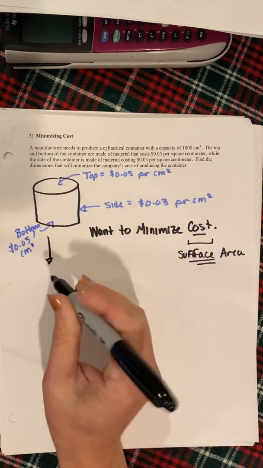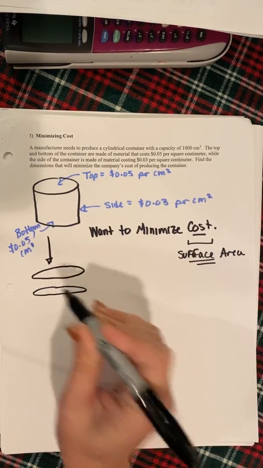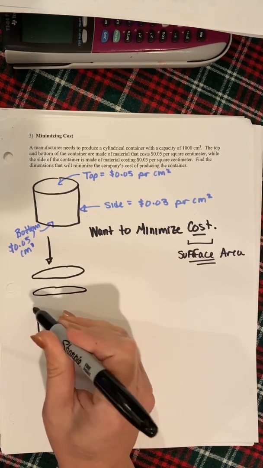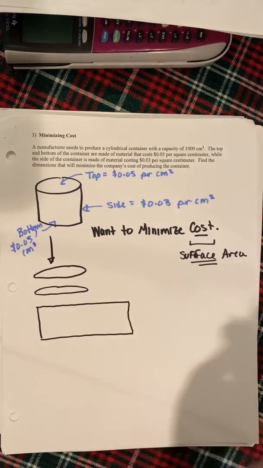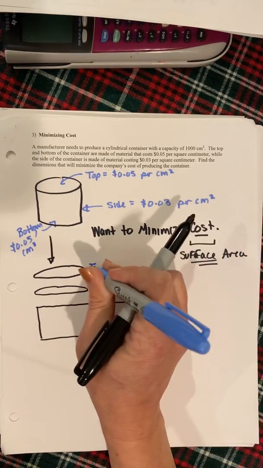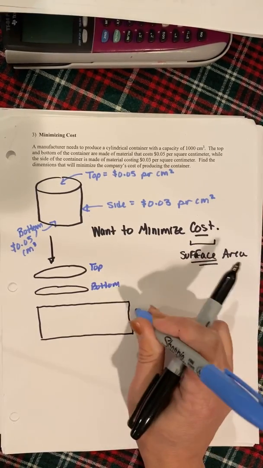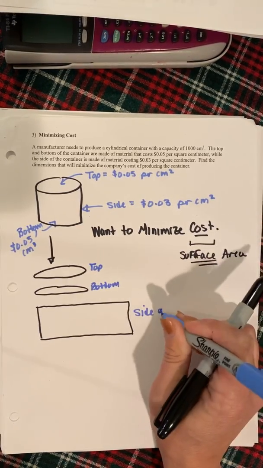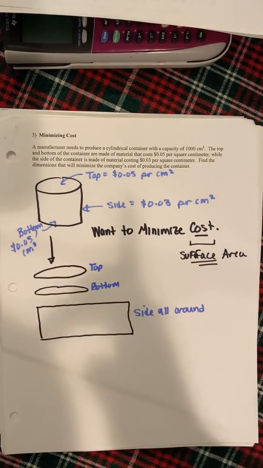All right, so I'm going to deconstruct this can. I have the top, I have the bottom, and then I have the sides. But when we unroll a tin can, it's really just a rectangle. So we want to minimize the area.